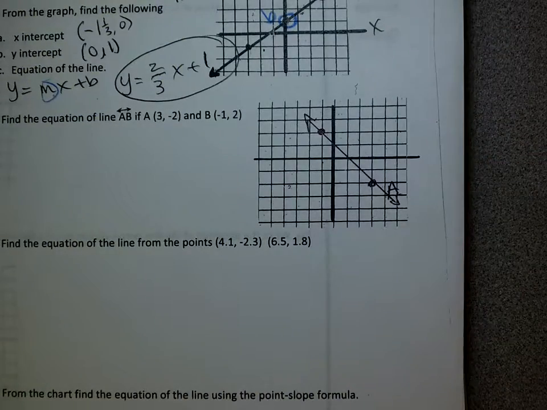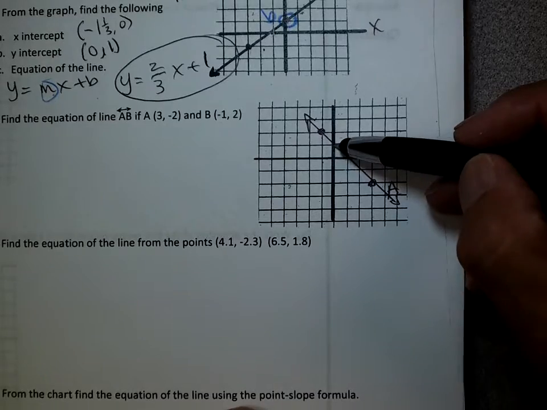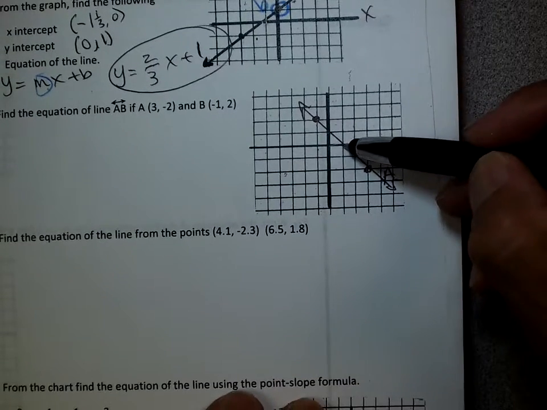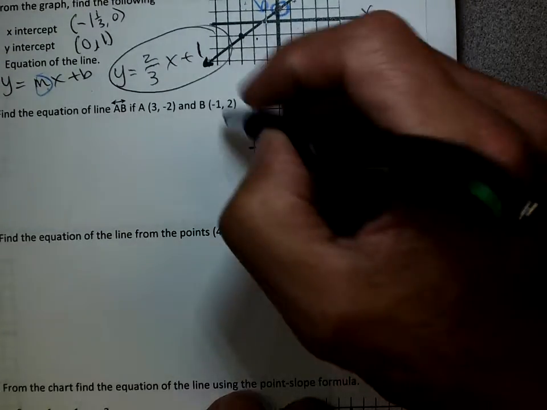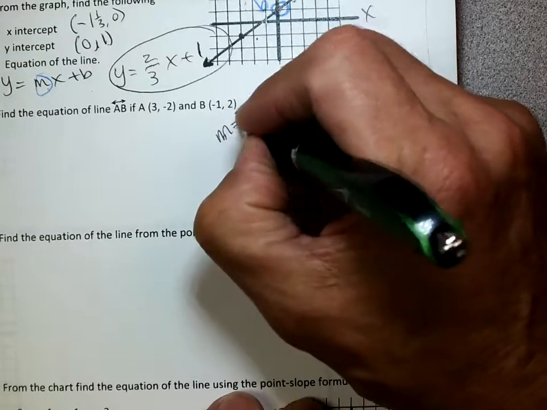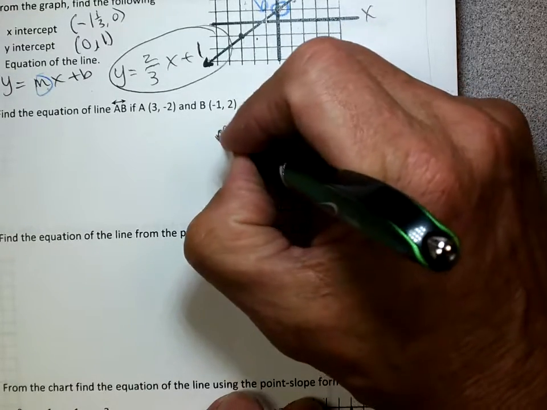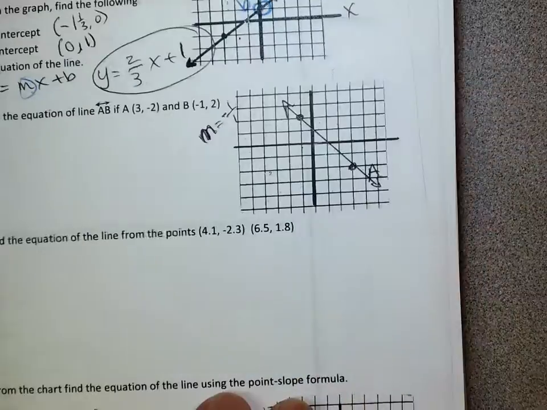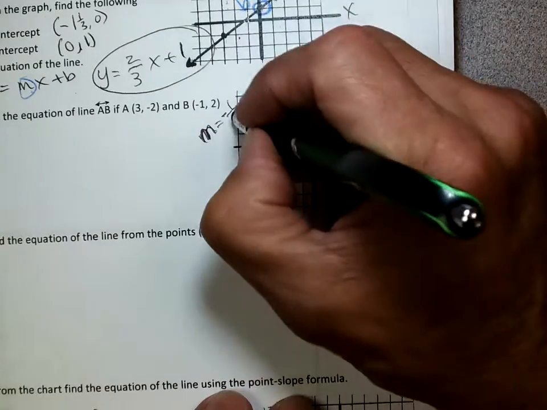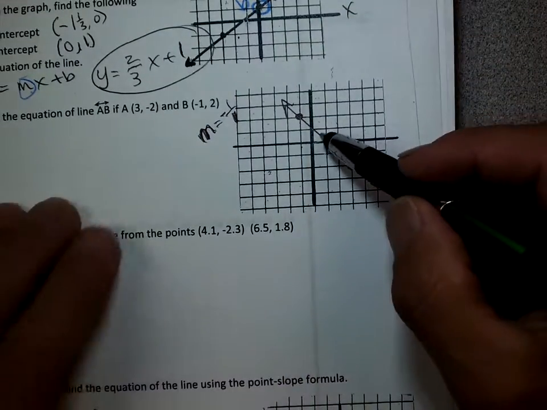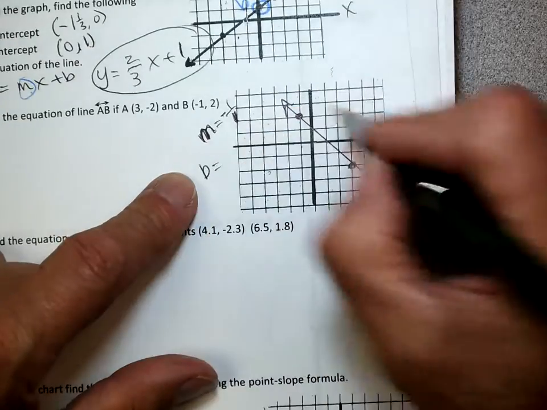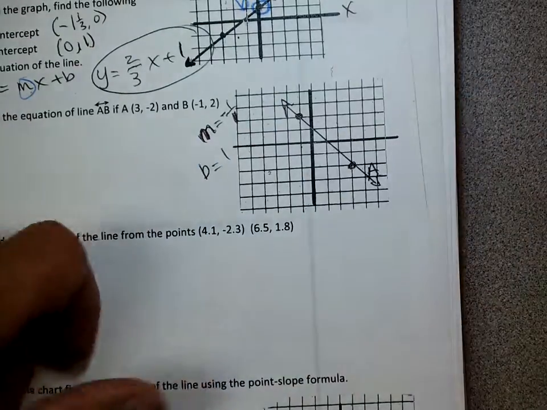Well, I think I can get the slope pretty easily. It looks like it's down 1 over 1, down 1 over 1, down 1 over 1, down 1 over 1. So the slope has got to be -1 over 1, but we'll just call it -1. And the y-intercept, which is b, I'm pretty sure is right there at 1. We can just count it.